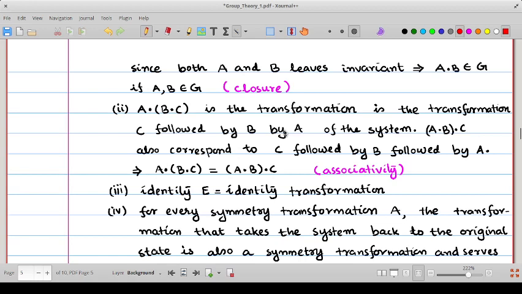We can now check whether this composition satisfies the associativity property.